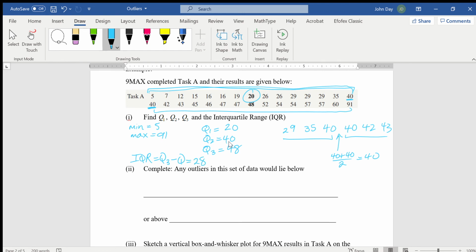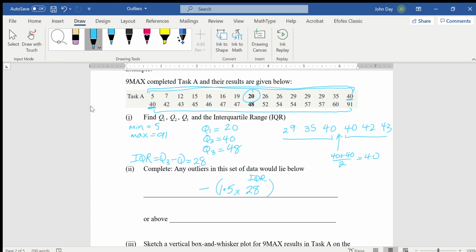Now that's important to know, the interquartile range, because you're allowed to be 1.5 times the interquartile range. You're allowed to be 1.5 times that below Q1, right? So Q1, take off that, is as far down as you're allowed to go. Now, what is Q1? Instead of writing Q1, I'll write the actual number in.